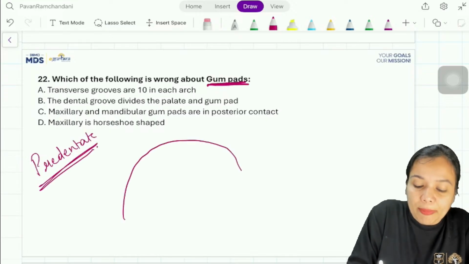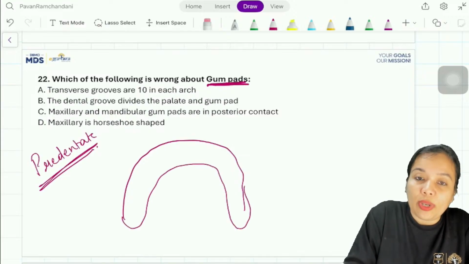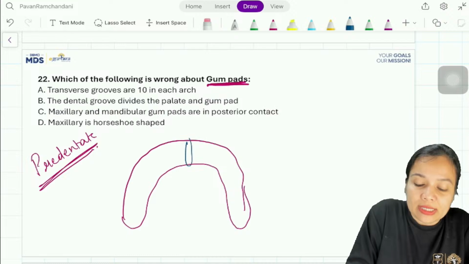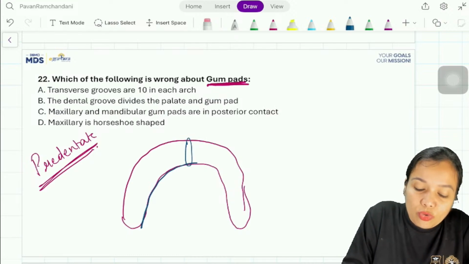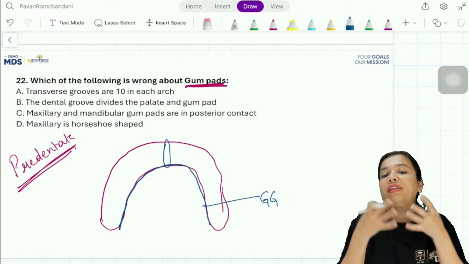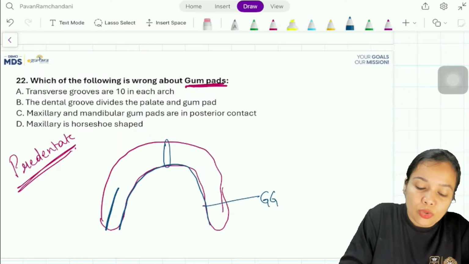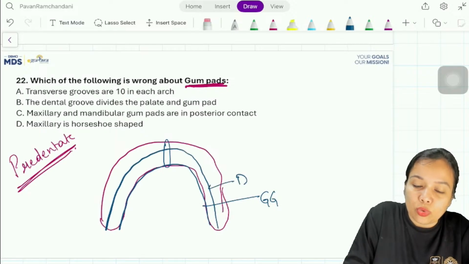Gum pads are basically horseshoe in shape, and when we look at the gum pad, here is the incisive papilla. Then there is a gingival groove that separates the rest of the oral cavity from the gums. Then there is a groove that runs all through the gum pad, which is called the dental groove.